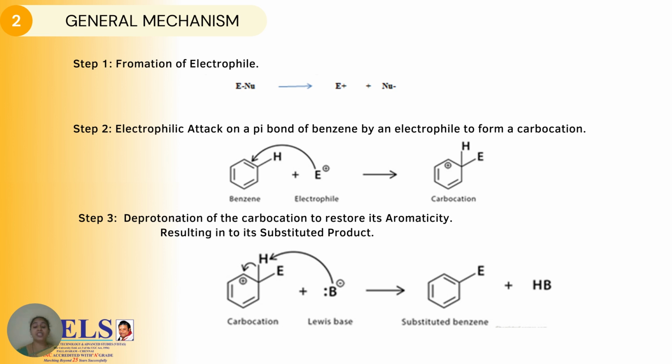When the proton is removed, the bonding pair of electrons between the carbon and the proton is utilized to reform the aromatic ring. Those two electrons go inside the benzene ring and again form the double bond to restore its aromaticity, resulting in the substituted benzene.